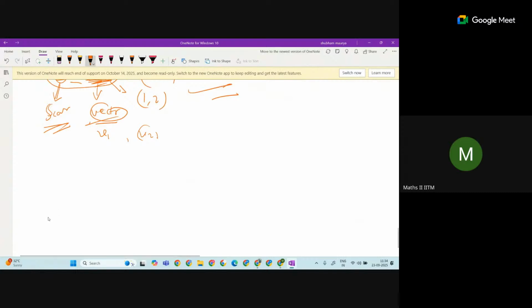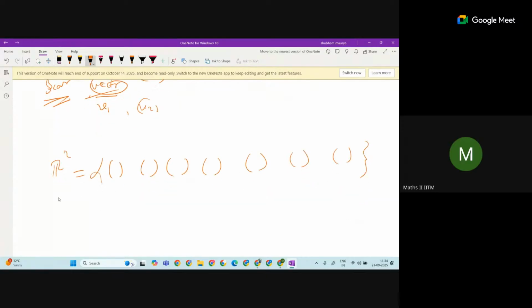So R2 means nothing but a collection of this representation. The addition is defined there, and dot, or you can say the cross sign, both are one.